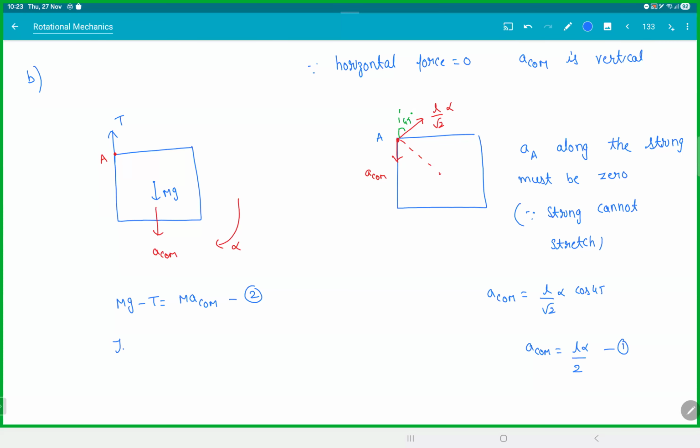You will take torque about center of mass because A is moving. If you take torque about center of mass, then tension T into L by 2 is equal to I center of mass alpha. For a square plate, I center of mass will be ml square by 6. That will give me ml alpha by 3. This is equation 3. Please check your equations. If you got the same equations, then we got the same answer.